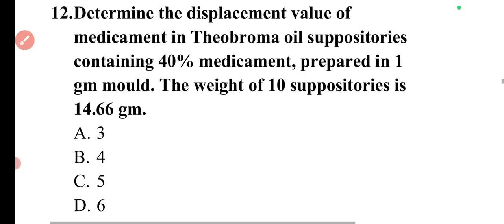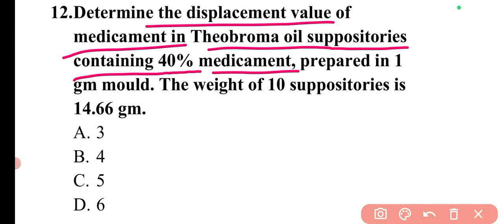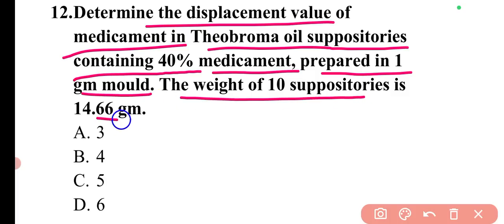So the question is, determine the displacement value of medicament in theobroma oil suppositories containing 40% medicament prepared in a 1 gram mold. The weight of 10 suppositories is 14.66 grams. This displacement value is mostly seen in suppository calculations. Basically, there is displacement due to the addition of the bases, and that displacement value we need to calculate.